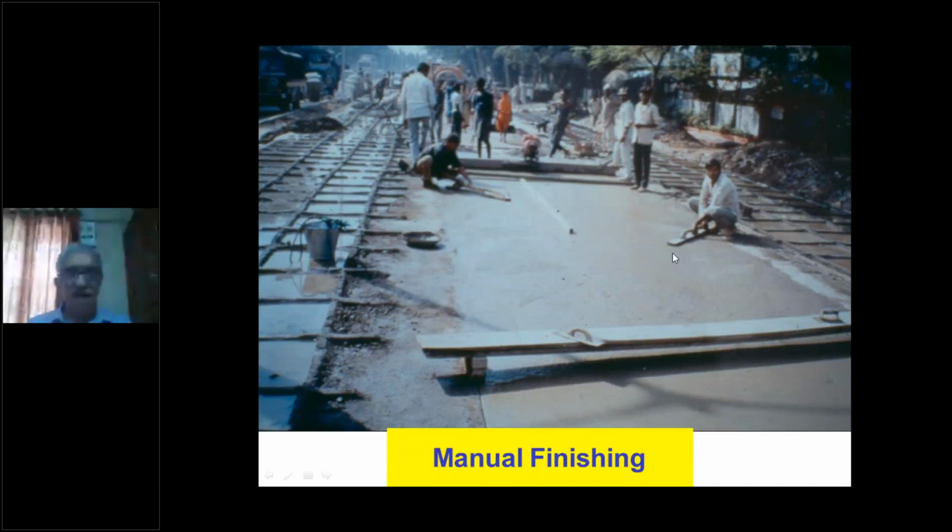You can see here, these are the concrete roads. In the earlier days, they were not having paving equipment here. When concrete roads were introduced in Mumbai, they had to be leveled manually. And of course, you can see here that attention is on the photographer and not on concrete. And that is a wrong practice.